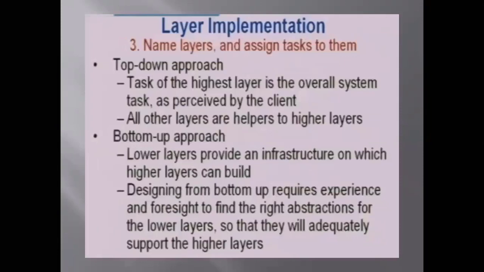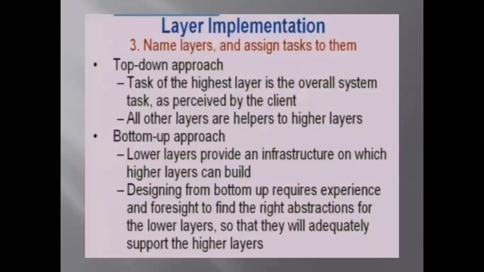The other thing is, once the abstraction criterion and the level of abstraction are defined, the next thing is we have to name layers and assign tasks to them. When we are clear with the abstraction criterion and we have got how many abstraction levels there are, we have to start naming each layer. Suppose like in the OSI model, I name the bottom layer as the physical layer, and then the data link layer, and the top layer as the application layer.